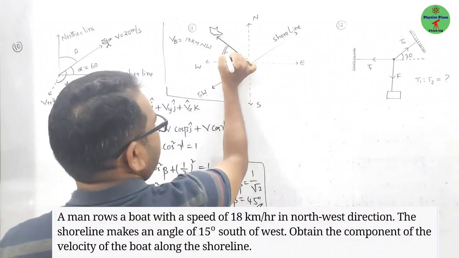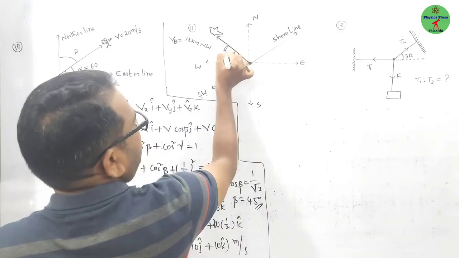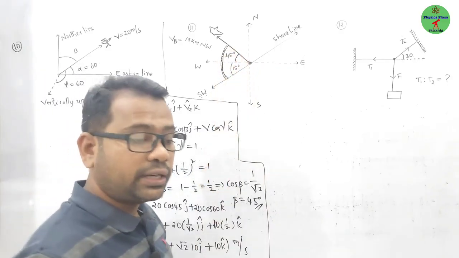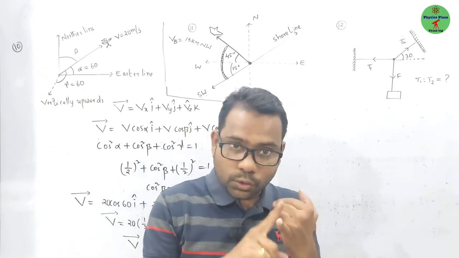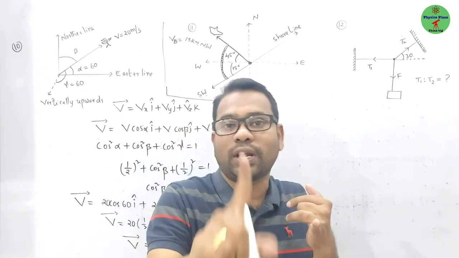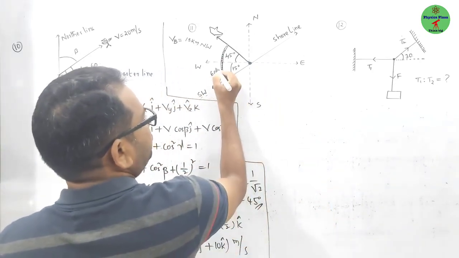Children, don't get confused. Let me highlight this. So this is the angle made by the boat with the shoreline. They are asking to calculate the velocity of the boat perpendicular to the shoreline and parallel to the shoreline. Then we must know the angle made by the boat with the shoreline. That is the first step, children. So 45 plus 15, yes, 60 degrees.